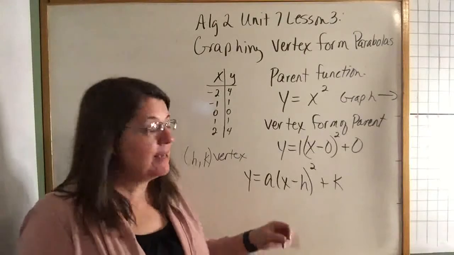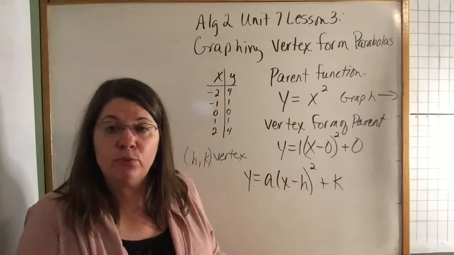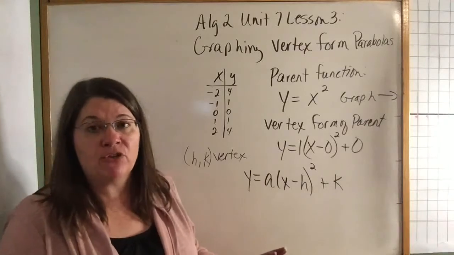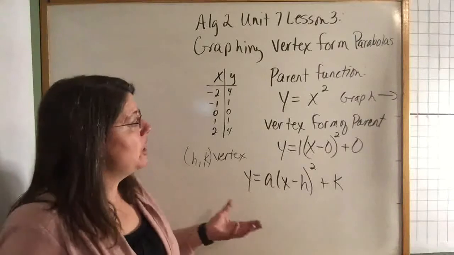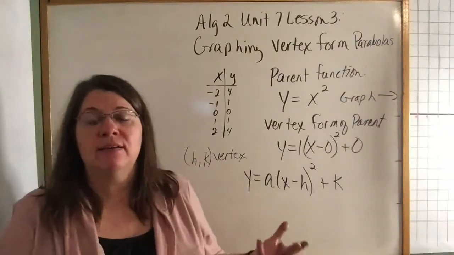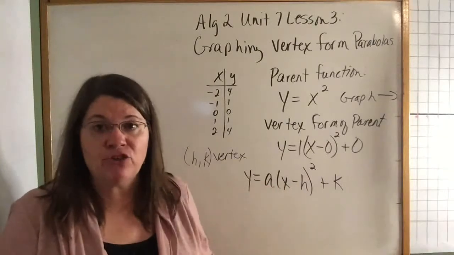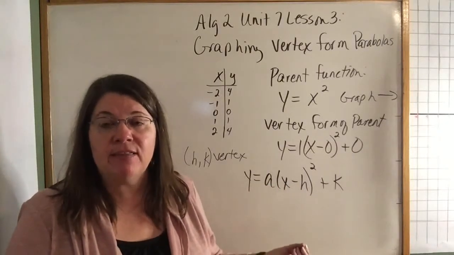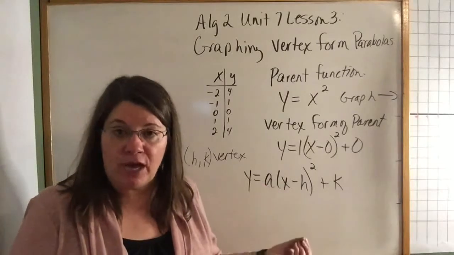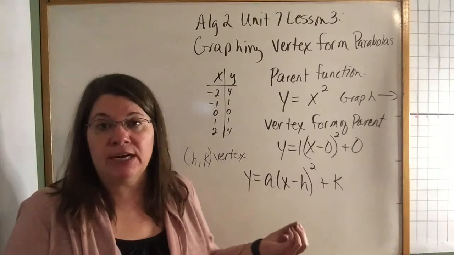Now, as far as any a value being different than 1 or negative 1, we will not graph those by hand. We will do those on Desmos and look at them. But we should know just basic information about the a, like if it's a fraction between 1 and negative 1, it makes the graph wide. If it's a number whose absolute value is greater than 1, then it makes the parabola very narrow.